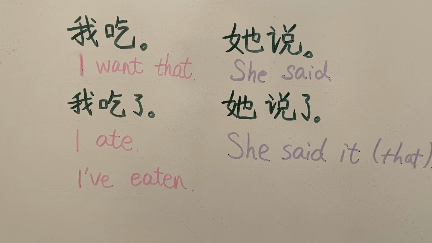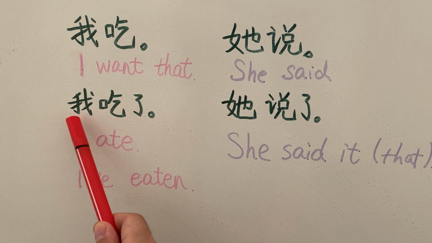In this video, I want to focus on one thing, and I want to be very clear about that. The suffix le can be used as a suffix, added at the end of the sentence following a verb to indicate that the action happened in the past, right? Like this one, 我吃了.